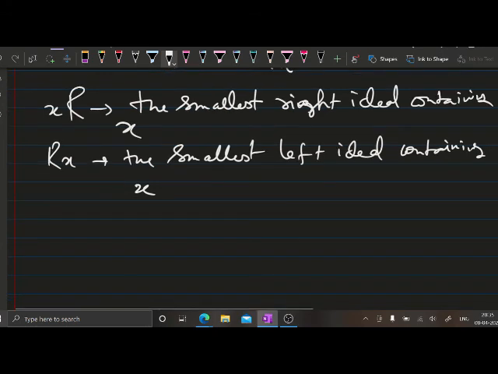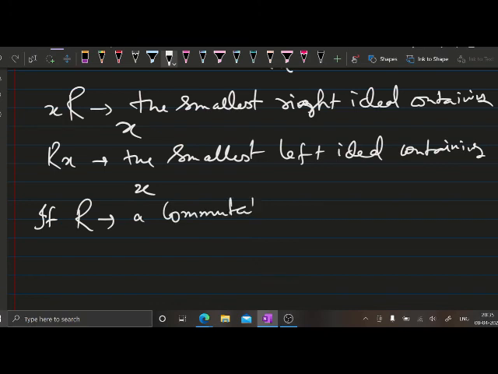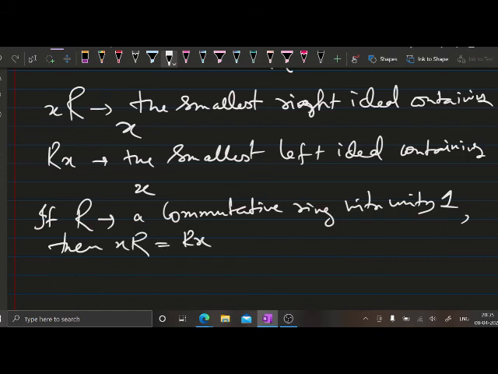So if R is a commutative ring with unity 1, then these two ideals are the same.